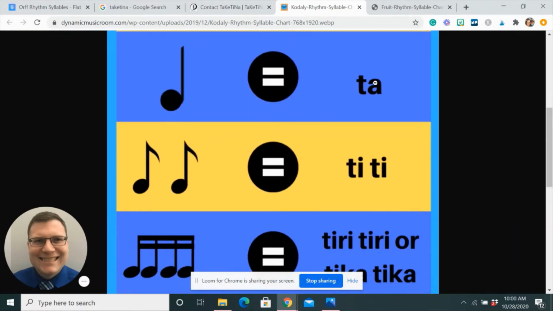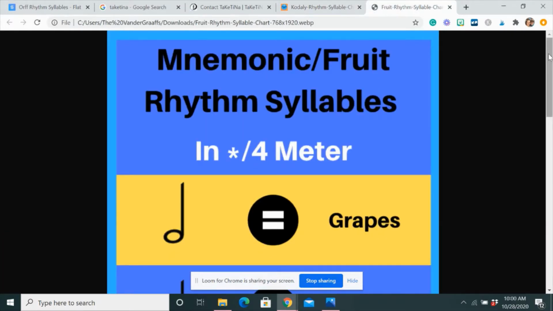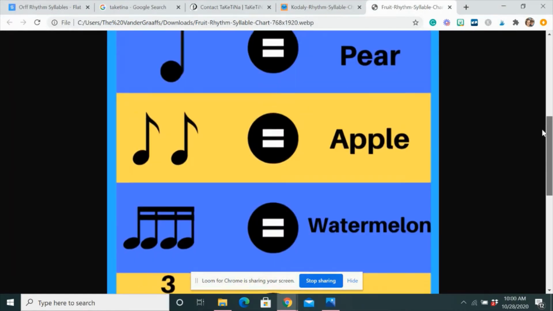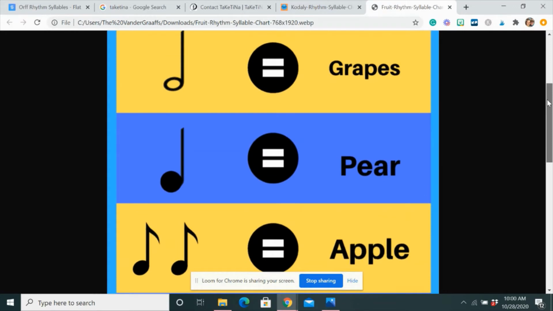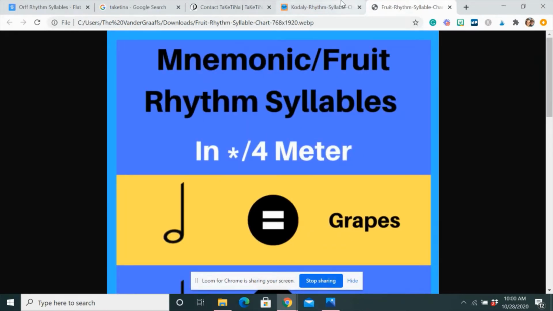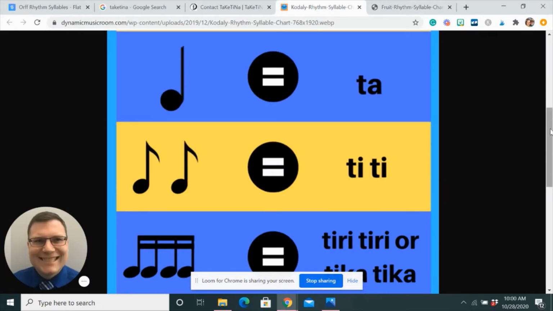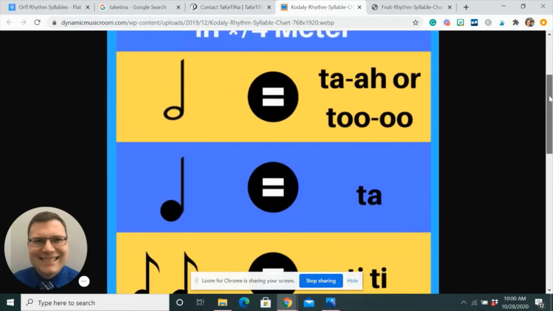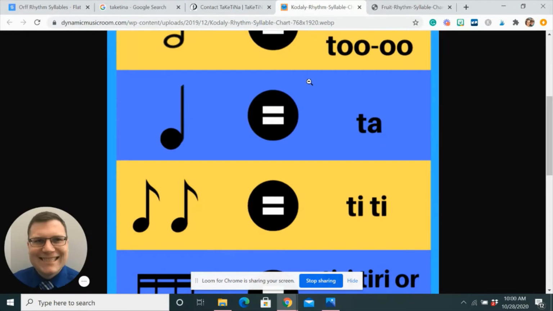So we have ta. This is a replacement syllable system where you're replacing the rhythms with just sounds and words. It's kind of the same thing, except instead of actual objects or names, you're using syllables. Every time you see a quarter note, you say ta.